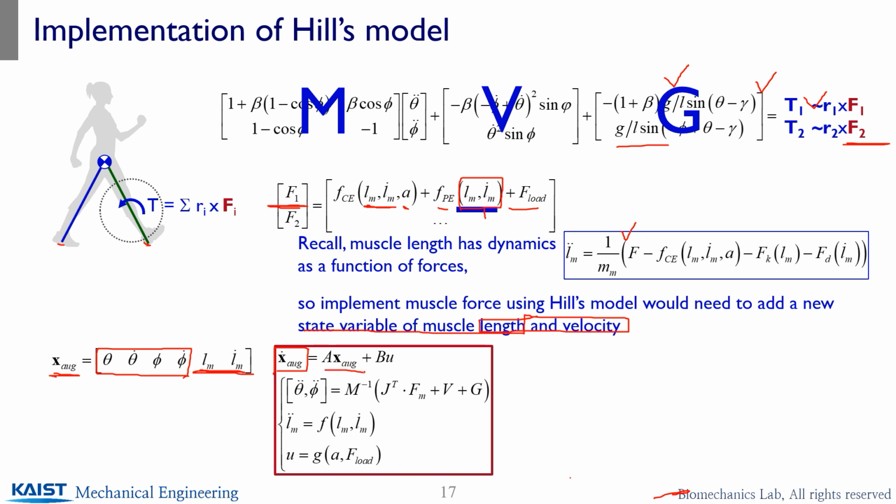Its time derivative is going to be the state dynamics and the actuation. The state dynamics A is composed of the body dynamics and the muscle dynamics. Okay? And the external input here will be the activation from your nerve, from your brain, right? And if there are any external forces applied to your body, those are also going to be external force components here.